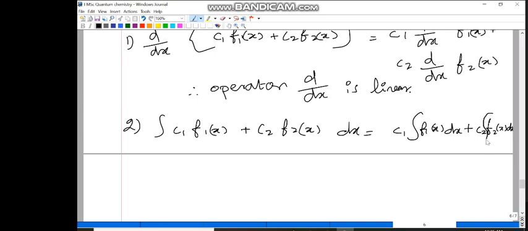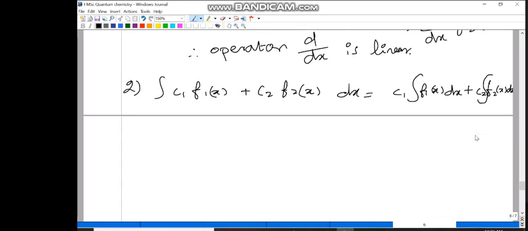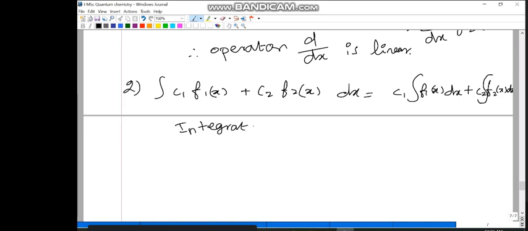You may get integration here. Whether it is equal or not, if it is equal, it's equal. So integration also is linear for the particular function psi value.